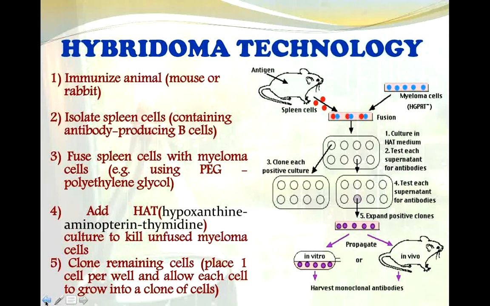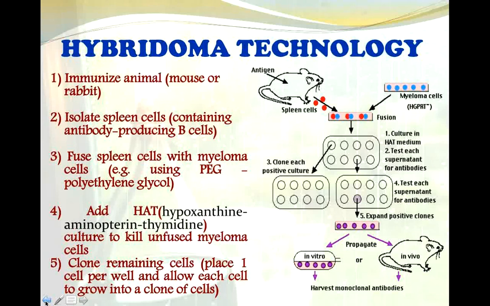What happens when there is a fusion between the B cells, that is your spleen cells containing antibody producing B cells, and myeloma cells? Polyethylene glycol is used, and not all the cells fuse. They produce a complex mixture of unfused myeloma cells and unfused spleen cells, as well as a number of fused cells.